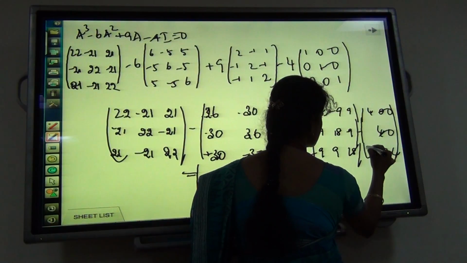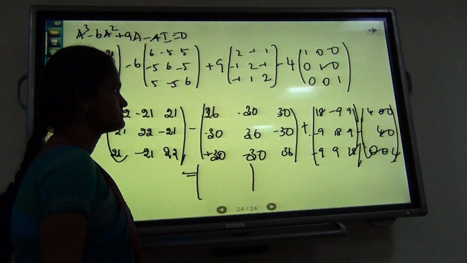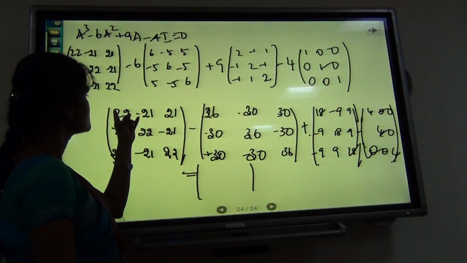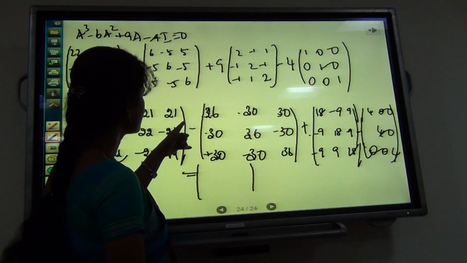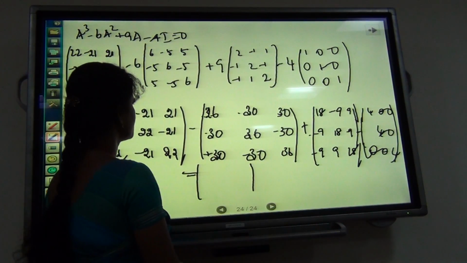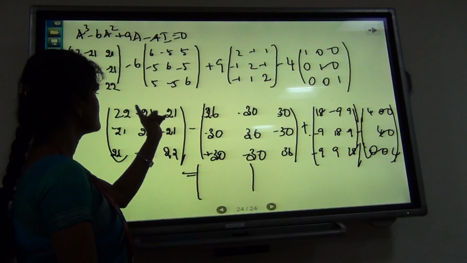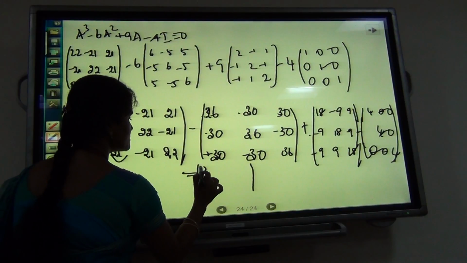Minus, it is minus. So you get 22 minus 16 plus 18 minus 4 will give you 0. 22 minus 36 plus 18 plus 4 will give you 0.